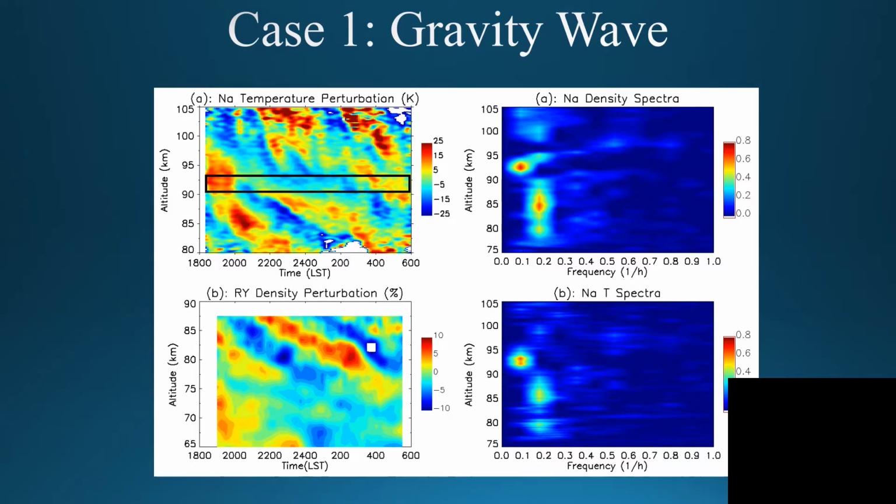On the right side, we show the frequency spectra of sodium density and temperature. Again, we see what appears to be about a 5-hour wave below 90 kilometers, and this wave disappears above 90 kilometers. It turns out the exact period of this wave is 5.6 hours.